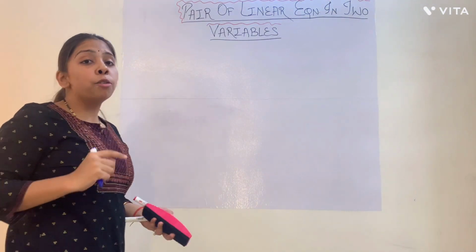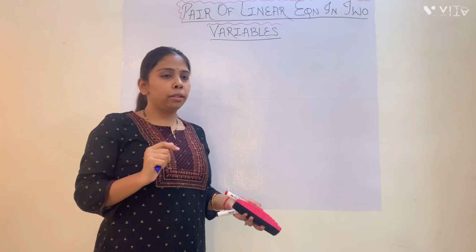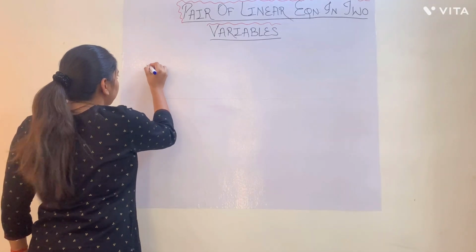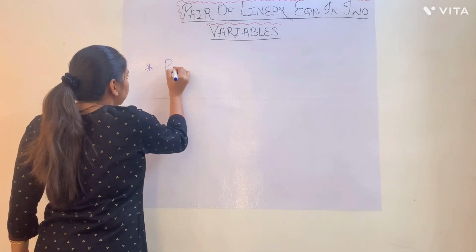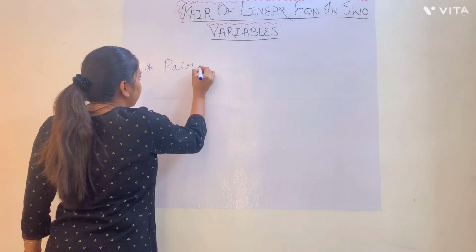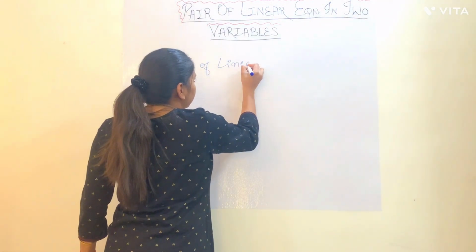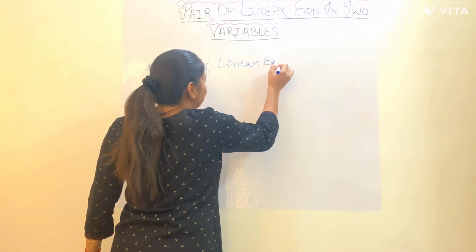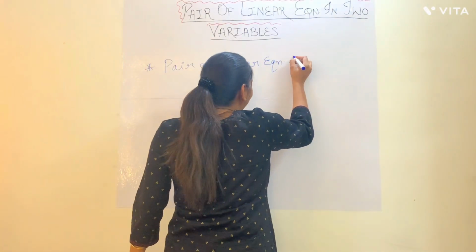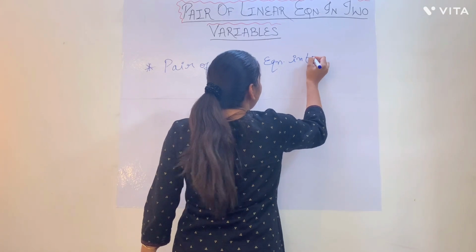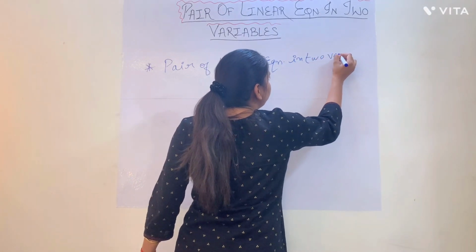And what is a pair of linear equations in two variables?